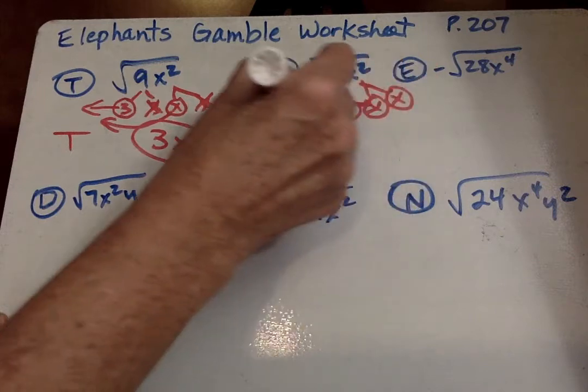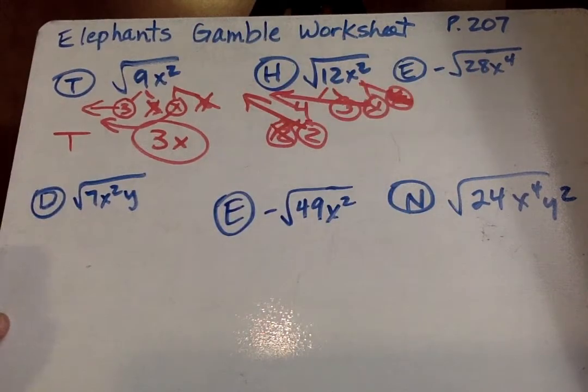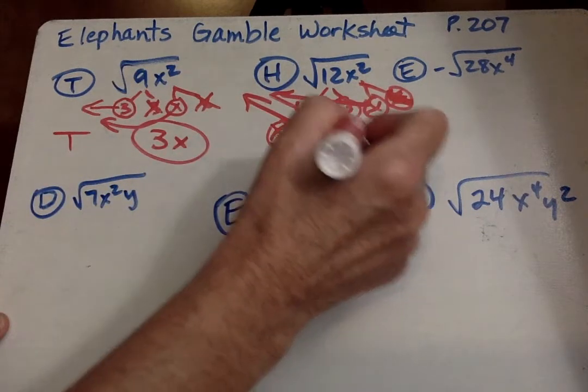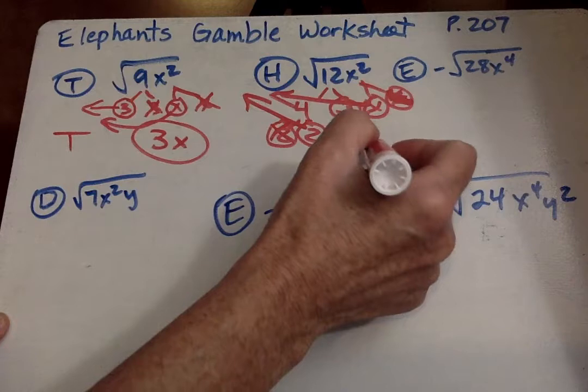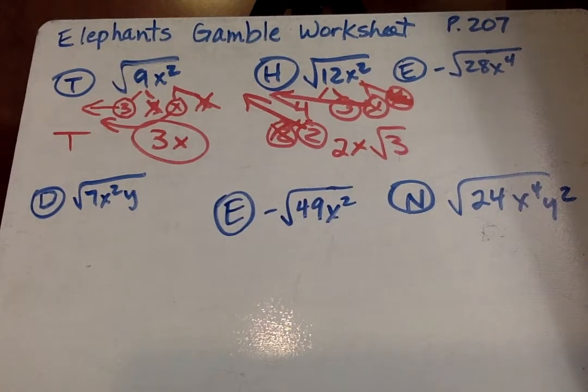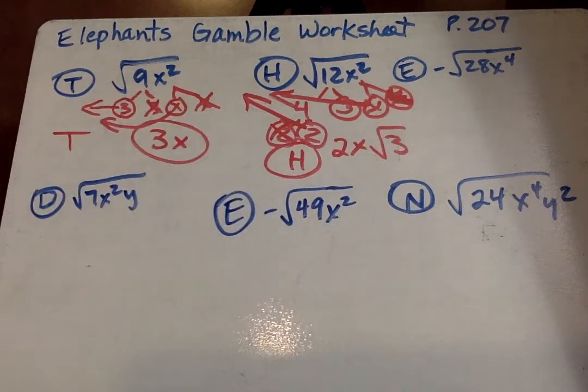There's 2 x's, 1 comes out, 1 goes away. We also have a 3 right there. So if a 2 comes out and an x comes out, what are we left inside? Square root of 3. So we look for that on our paper, 2x square root of 3. It's the second one over, and we put an H in that spot above 2x times the square root of 3.